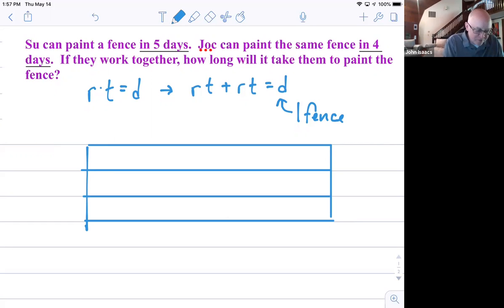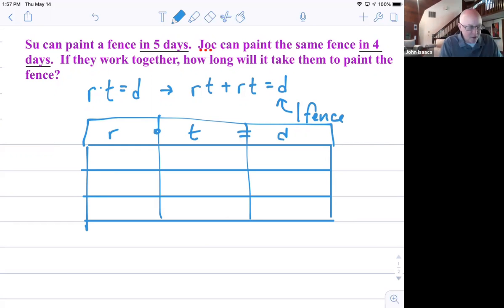I'll put the title up here: rate, time, distance. We know that rate times time equals distance. We know that Sue is working and Jock is working, and then they're also going to work together. That's why I'm going to have 3 rows here.